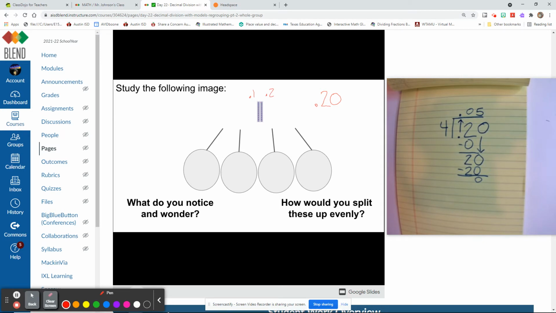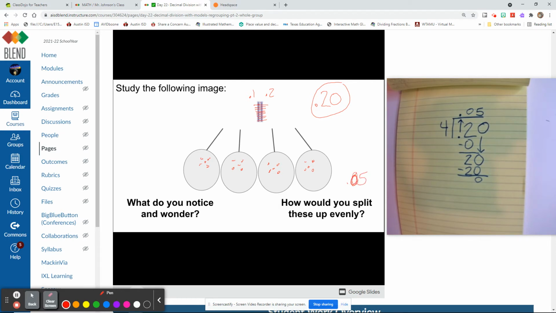Remember, if we split this up into all the pieces, 10 pieces each, we have 20 hundredths. And then we can just start putting hundredths in each group until we run out of hundredths. There we go. So we have 5 hundredths in each group.